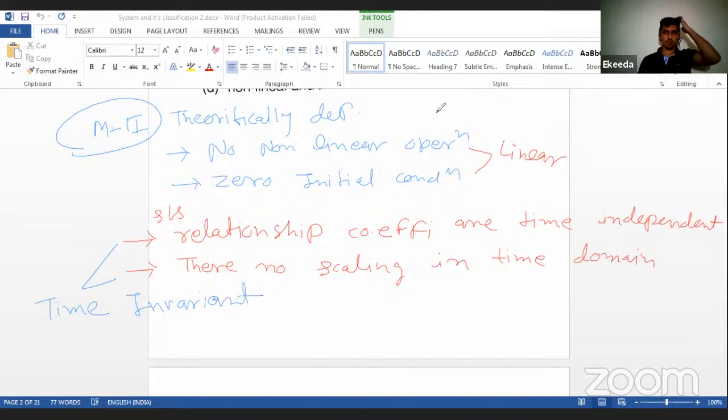Now coming to the classical method, the mathematical method.